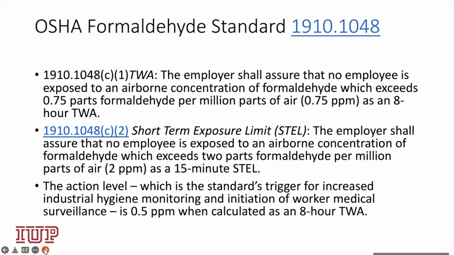For the short-term exposure limit, the employer shall assure that no employee is exposed to an airborne concentration of formaldehyde which exceeds 2 parts per million as a 15-minute short-term exposure limit. The action level, which is the standard's trigger for increased industrial hygiene monitoring and initiation of worker medical surveillance, is 0.5 parts per million when calculated as an 8-hour TWA.